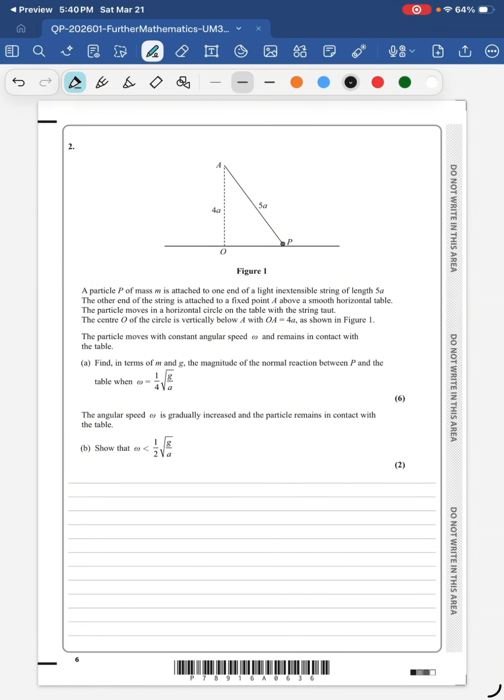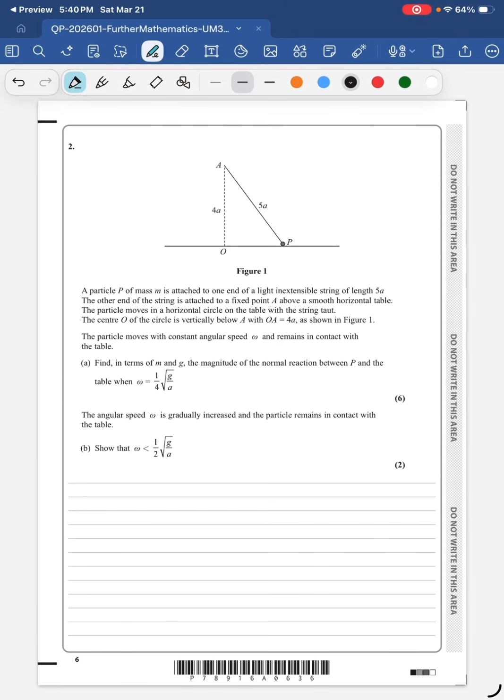The center O of the circle is vertically below A, with OA equal to 4a. As shown in figure 1, the particle moves with constant angular speed omega and remains in contact with the table. A. Find in terms of m and g the magnitude of the normal reaction between P and the table when omega is 1/4 times the square root of g over a.